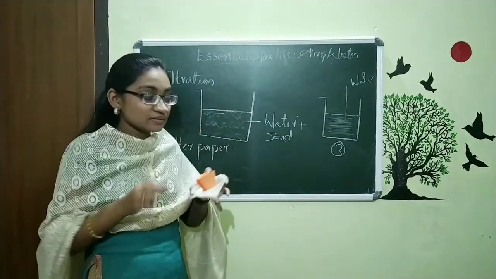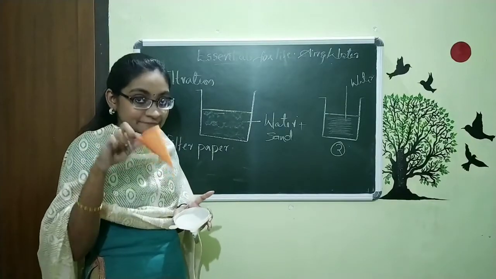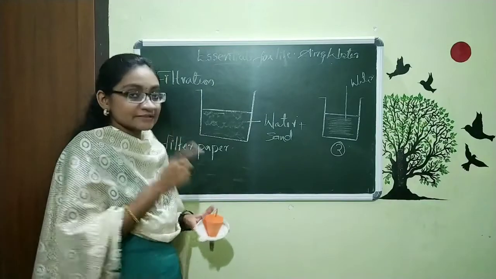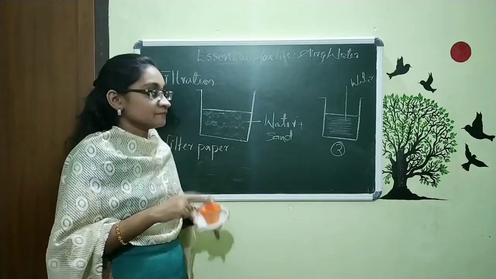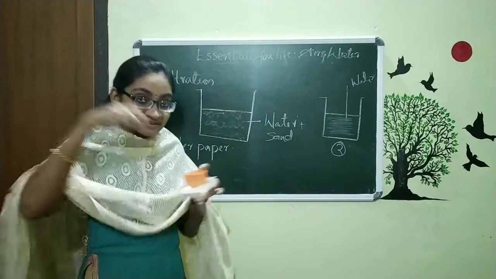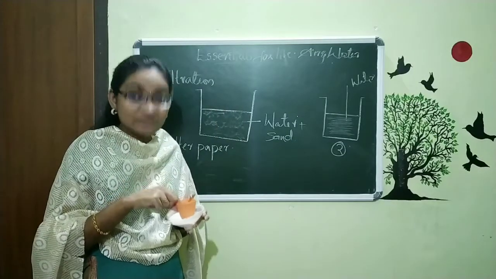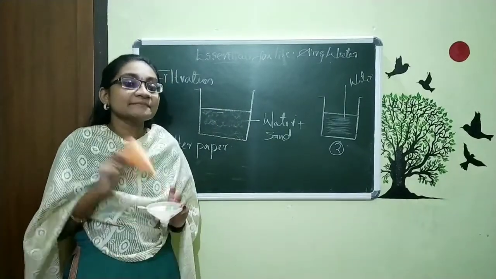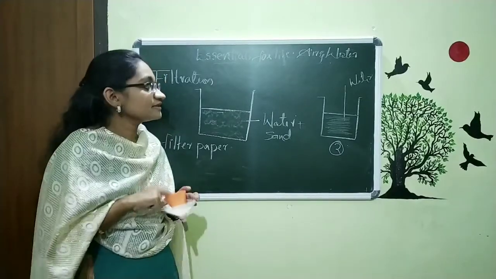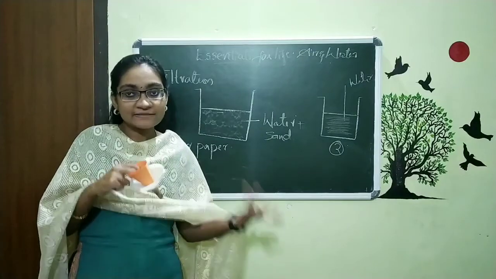The sand will be left in this filter paper. So this is the procedure that we do using the filter paper for filtration. We take this mixture and pour it through this filter paper. The big sand particles are left on the filter paper and the water, we can collect in a separate beaker.